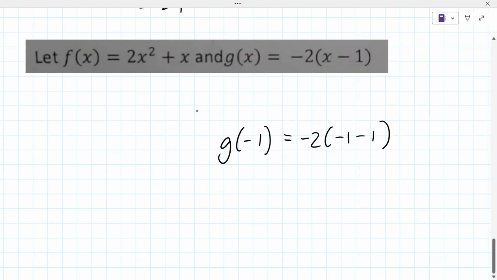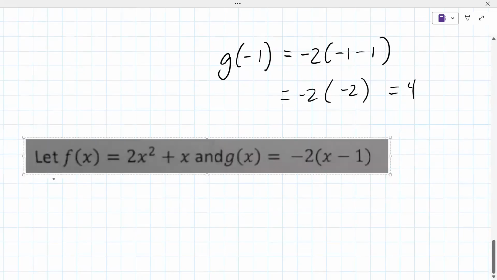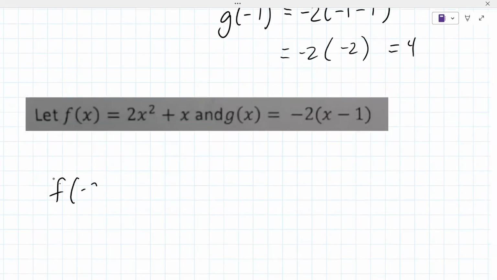The -4. So inside parentheses is -2. You got a -2 times a -2. What does that become? 4. Yeah, so it's really easy to make those mistakes. Let's have you try just one or two more here. So let's have you find f of -2, please.